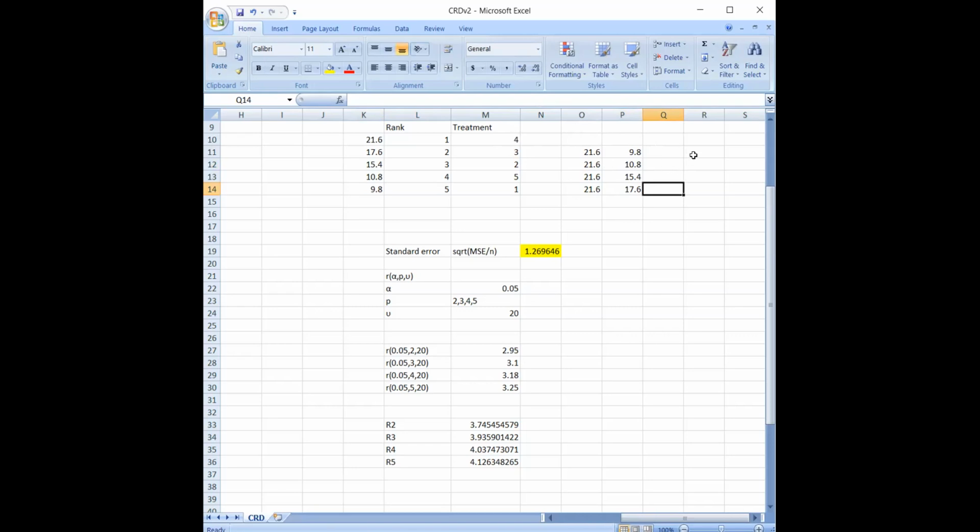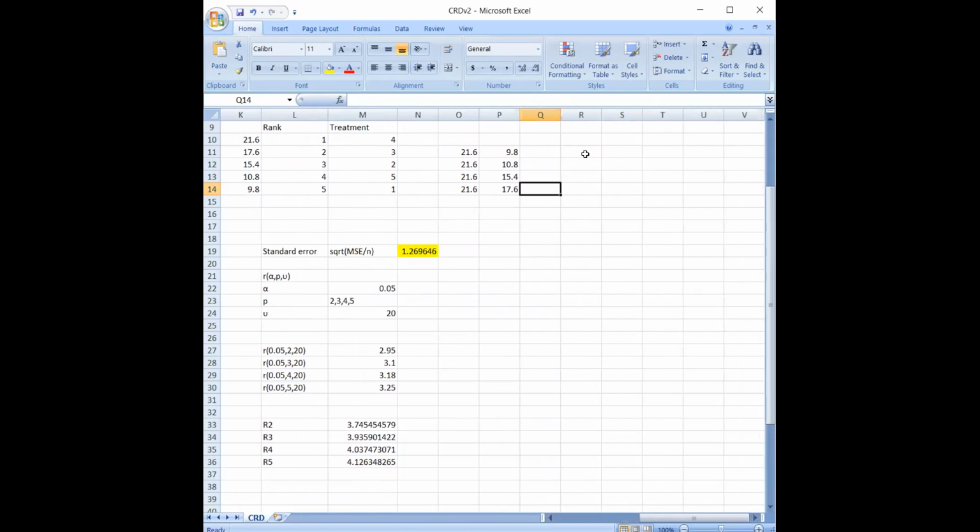If you check the treatments that we compare here, we always compare treatment 4 with other levels. So here we have treatment 4, and 9.8 is treatment 1, 10.8 is treatment 5, 15.4 is treatment 2, and 17.6 is coming from treatment 3. So actually we are comparing treatment 4 with treatment 1, 4 with 5, 4 with 2, and 4 with 3.